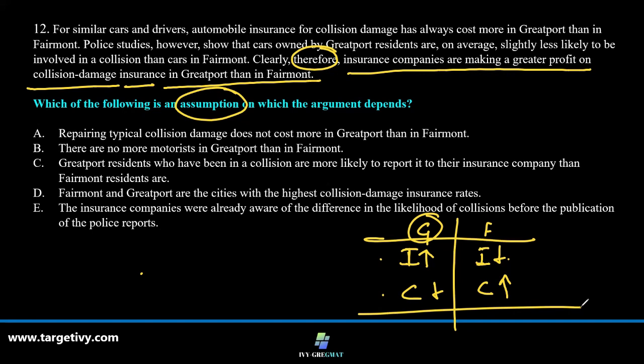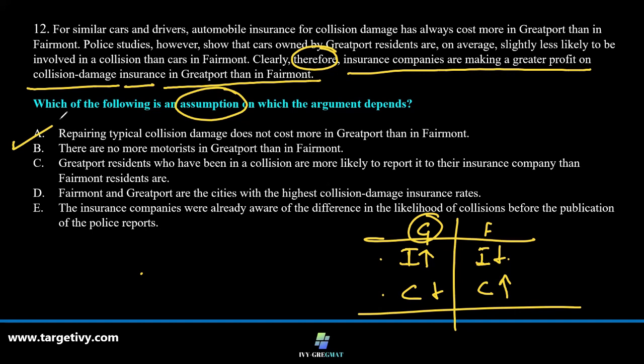Option A. Repairing typical collision damage does not cost more in Greatport than in Fairmount. He is assuming that repairing typical collision damage does not cost more.